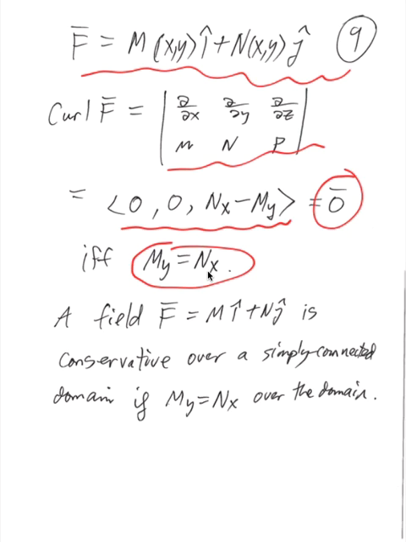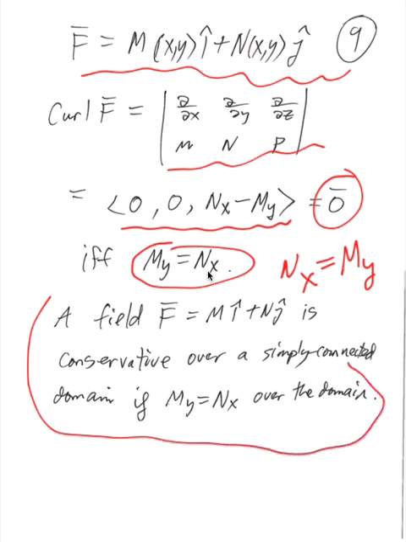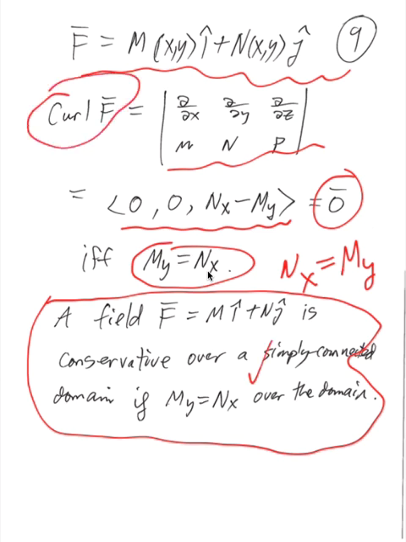I guess I wrote it this way in the previous one. Obviously it means the same thing, but there it is. We're going to use this for a test. But the easiest way to remember it is, of course, that the curl is 0. Just remember you're only going to get a k component in the end. Do it either way you want here.